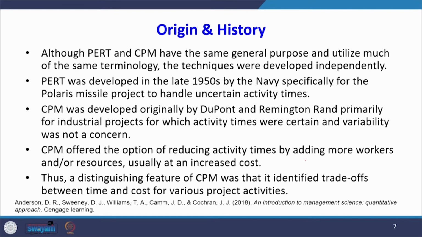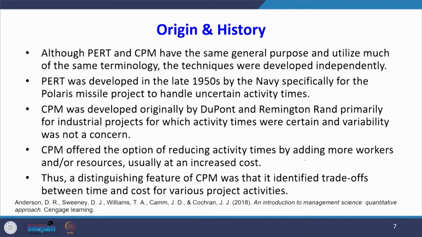When you look at the origin and history, although PERT and CPM have the same general purpose and utilize much of the same terminology, the techniques were developed independently. PERT was developed in the late 1950s by the Navy, specifically for the Polaris missile project, to handle uncertain activity times.